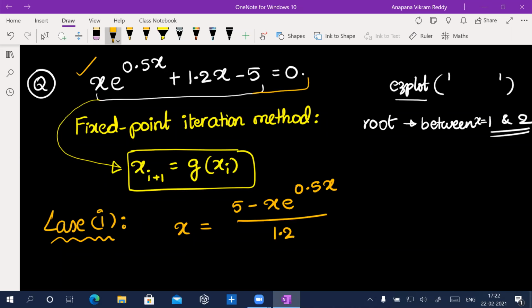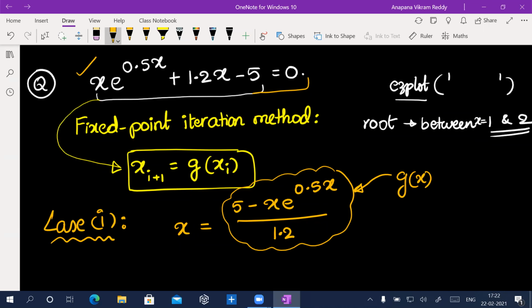One of the ways of showing f of x equal to 0 is as x equal to g of x form. Yes, one of the ways is this. Therefore my g of x is this guy, Mr. g of x, the iteration function.